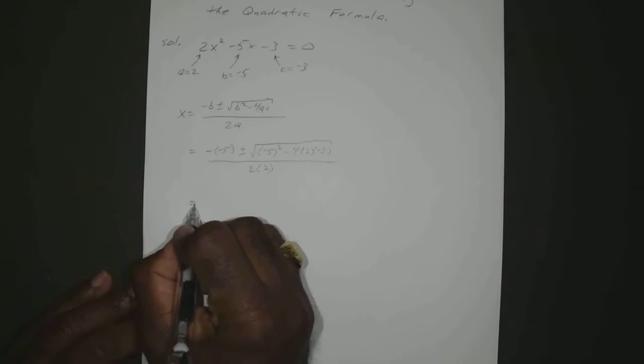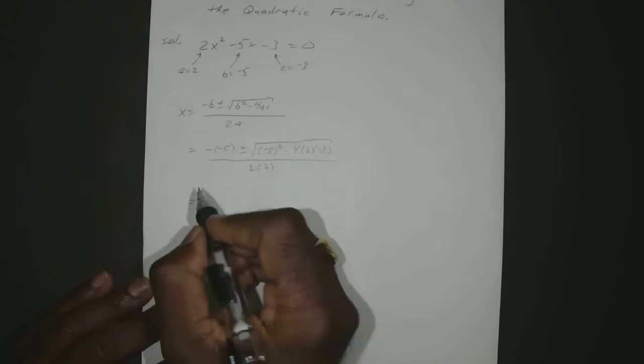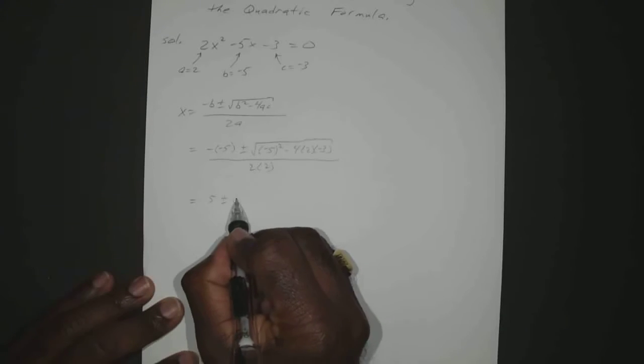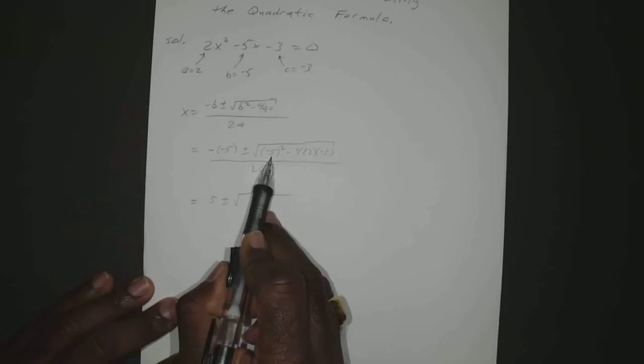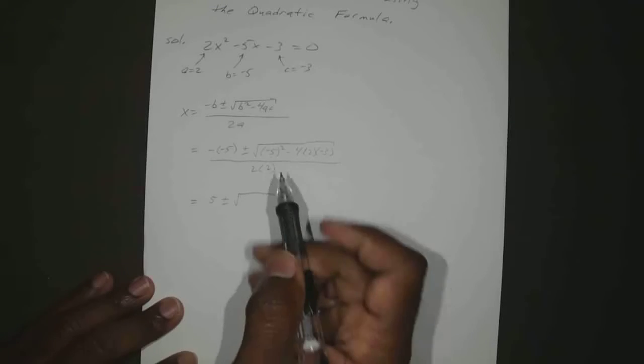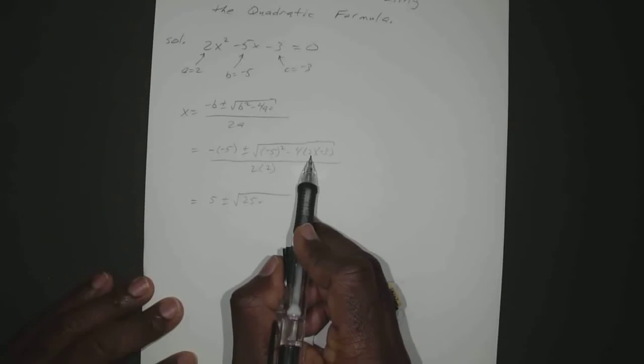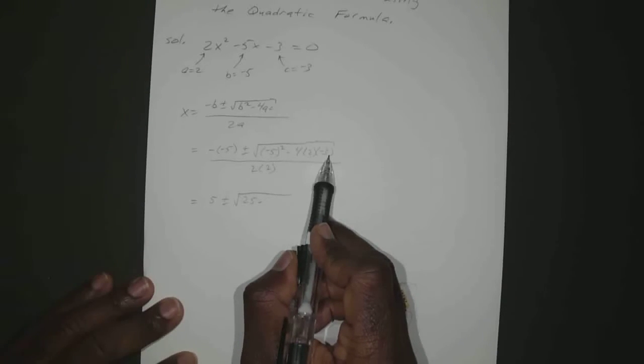Okay, so this ends up equaling negative negative 5, that's just 5, plus or minus the square root, negative 5 times negative 5 is 25, minus 4 times 2, well, 4 times 2 is 8, times negative 3 is negative 24.